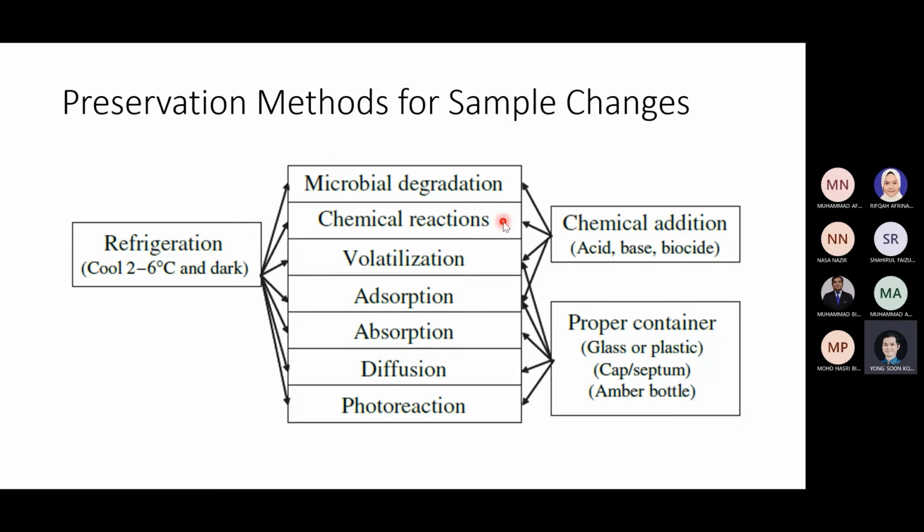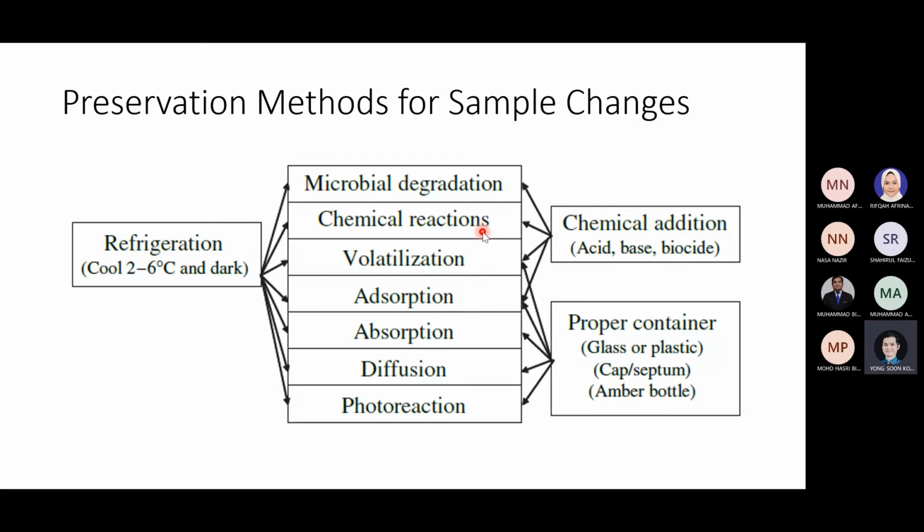Now, you have to remember, once you screw cap it, that is the moment you are changing the water quality in terms of oxygen. Remember just now we wanted to determine dissolved oxygen? You screw cap it, then the oxygen comes down straight away. So that is part of the chemical reactions that we might induce during sampling itself.